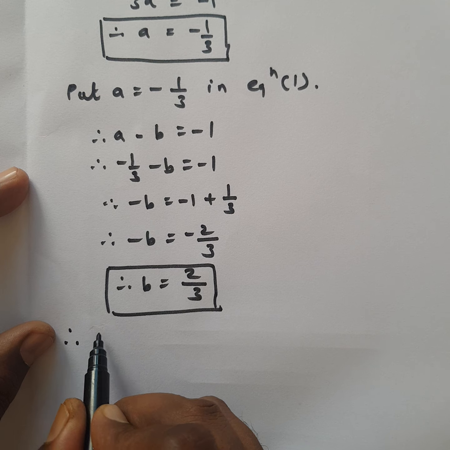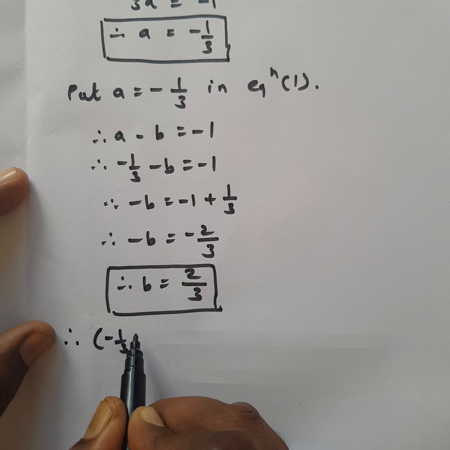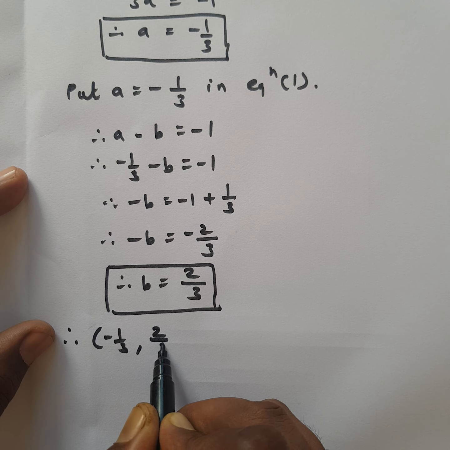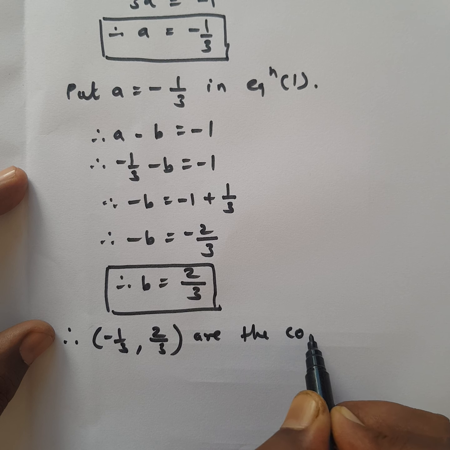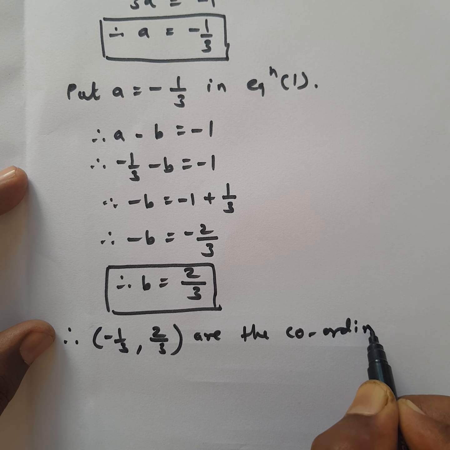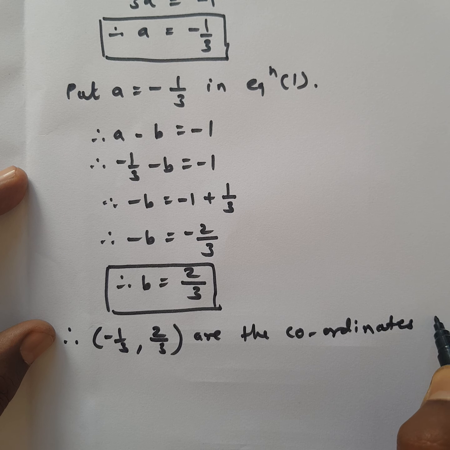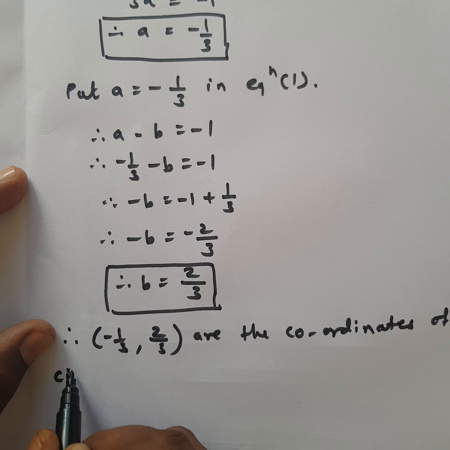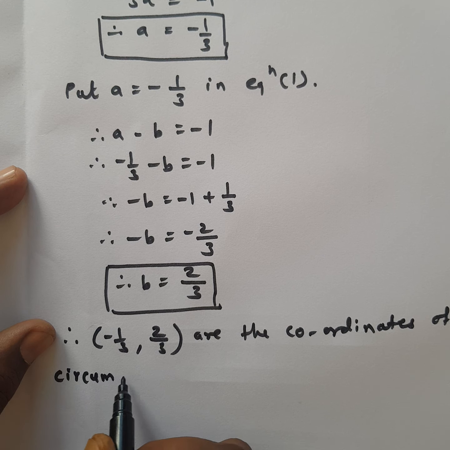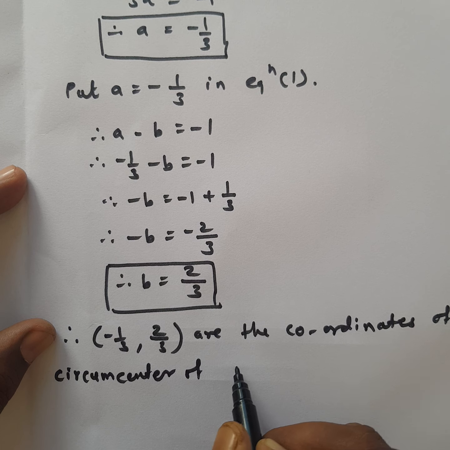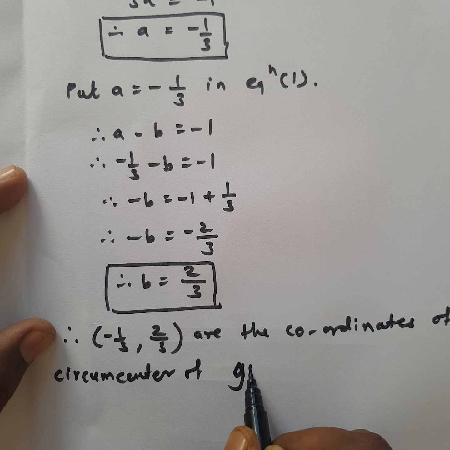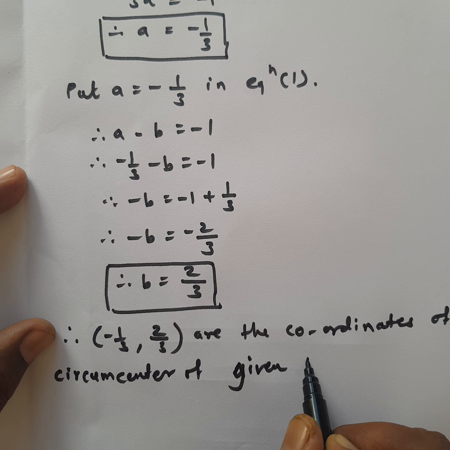Therefore minus 1 upon 3 comma 2 upon 3 are the coordinates of circumcenter of the given triangle.